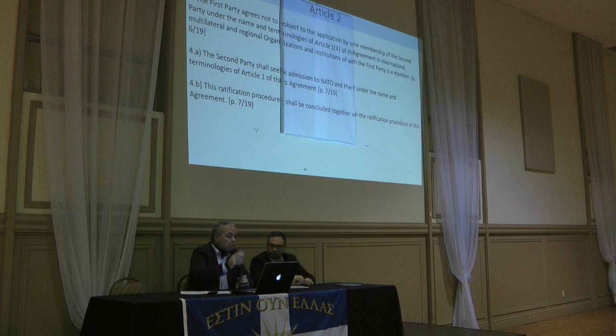Article 2. All the time we are mentioning that in fact we should care about NATO and European Union, but the first paragraph shows you that the application for the membership of the second party under the name of the terminology of Article 1 should be for all organizations, international, multilateral and regional level.